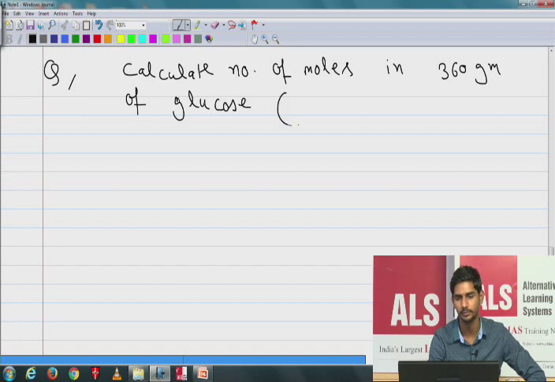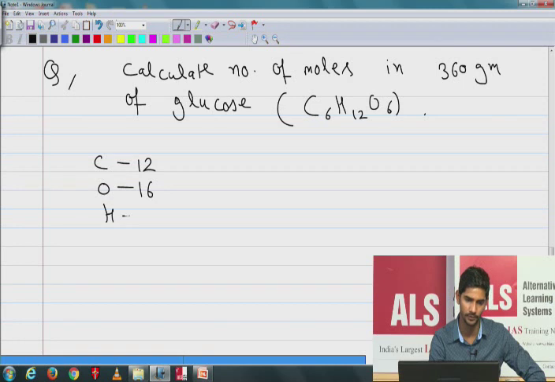The formula for glucose is C6H12O6. I can tell you the individual atomic masses. Carbon is 12, oxygen is 16, hydrogen is 1. Tell me, what can be the answer for this one?